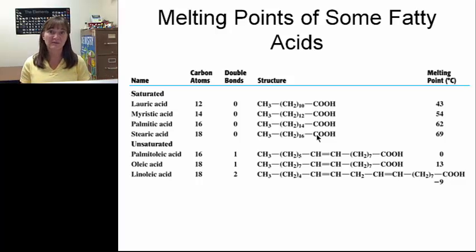So the heavier the molecule is, the higher the melting point will be, and that's what we're seeing here. My first saturated fatty acid has 12 carbons and melts at 43 degrees, but if I go all the way up to 18 carbons, now it melts at 69 degrees Celsius. So melting point increases as the number of carbons increases, but your melting point decreases as you get more and more carbon-carbon double bonds.